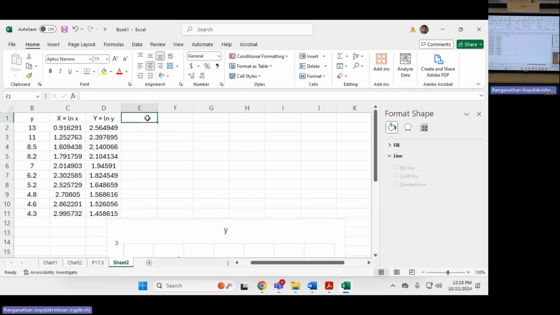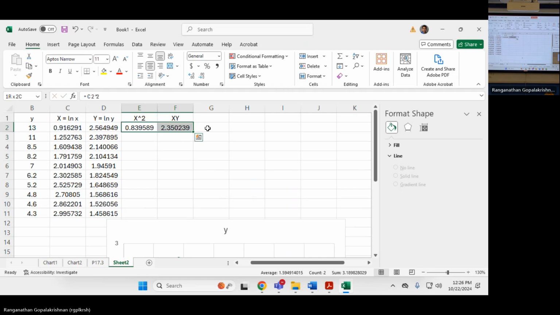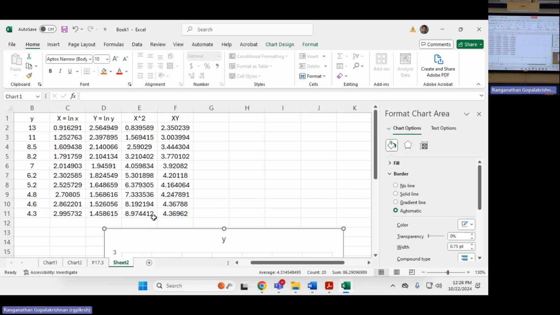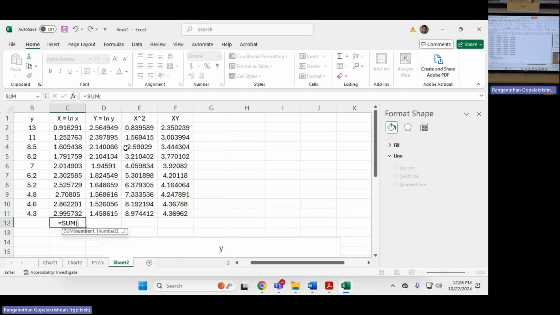I'm going to write x squared, xy. What is x squared? I need to take the square of this. What is xy? I need to take the product of this. Okay, all right. So I need the sum of all these. Sum.